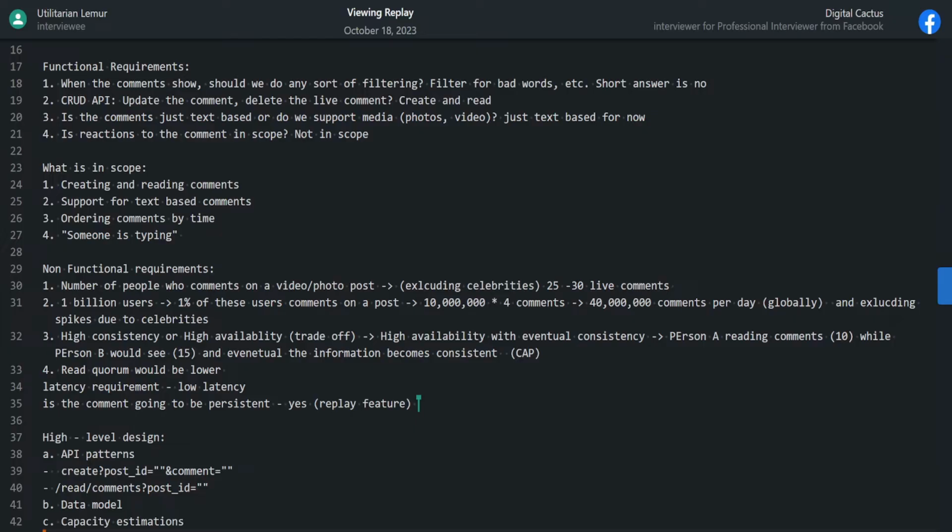Oh, I see. So it doesn't apply for photo, right? Only for video. Got it. But no, you don't need to do the replay. Got it. Okay. I think that makes it clear.